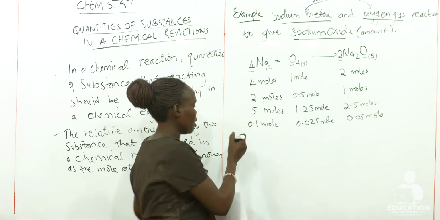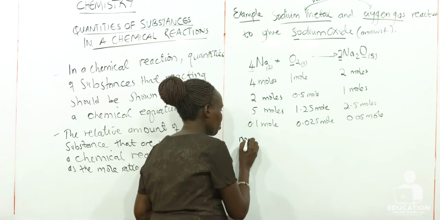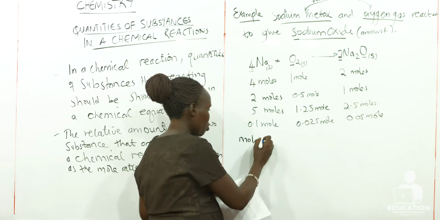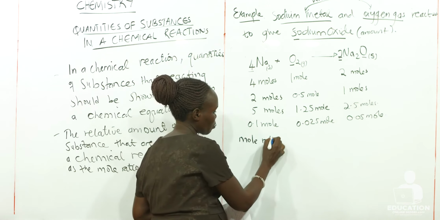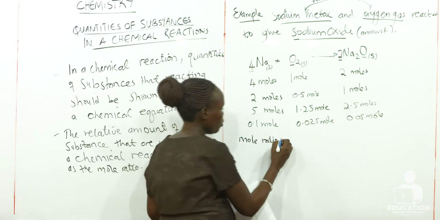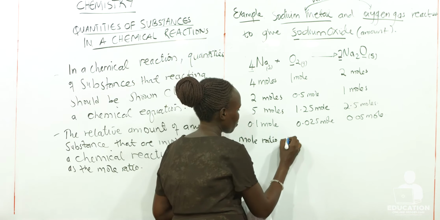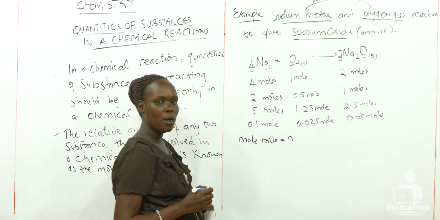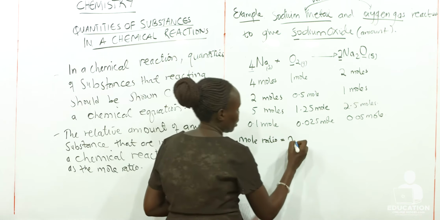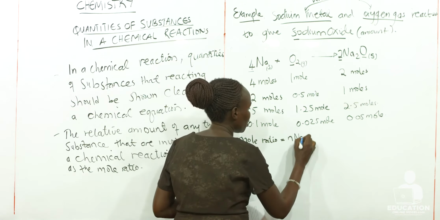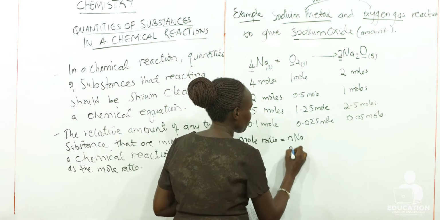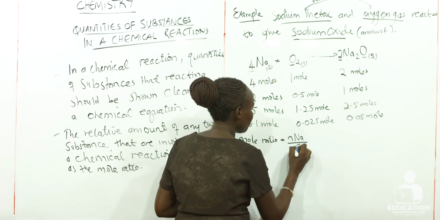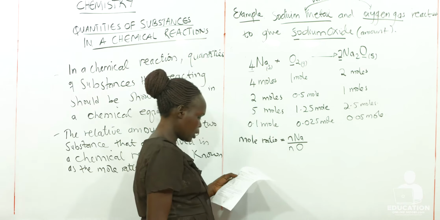So in this case, we shall say the mole ratio will be equal to the moles of sodium divided by the moles of oxygen.